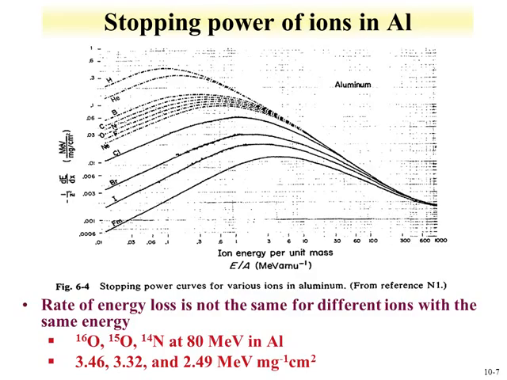As an example of this concept, we're looking at the stopping power of a range of ions, everything from hydrogen to fermium, in aluminum. And we're looking at this stopping power, change of energy with distance, and this unit is MeV per milligram centimeter squared, as a function of energy.